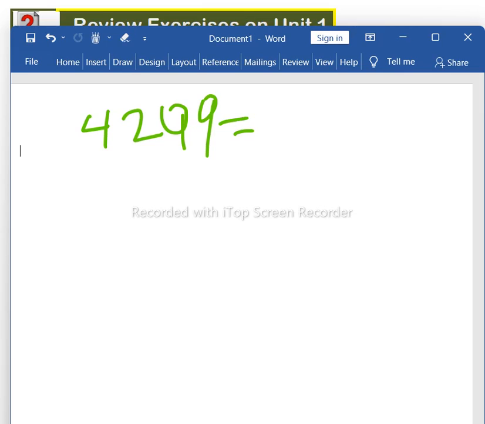Again, for 3, let us add the digits of this number. Let us add all of them: 4 plus 2 is 6, 6 plus 2 is 8, 8 plus 9 is 17... the sum is 24.